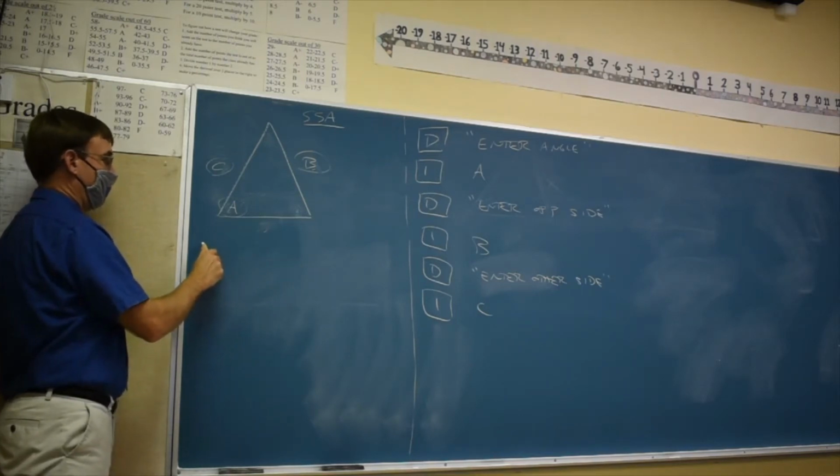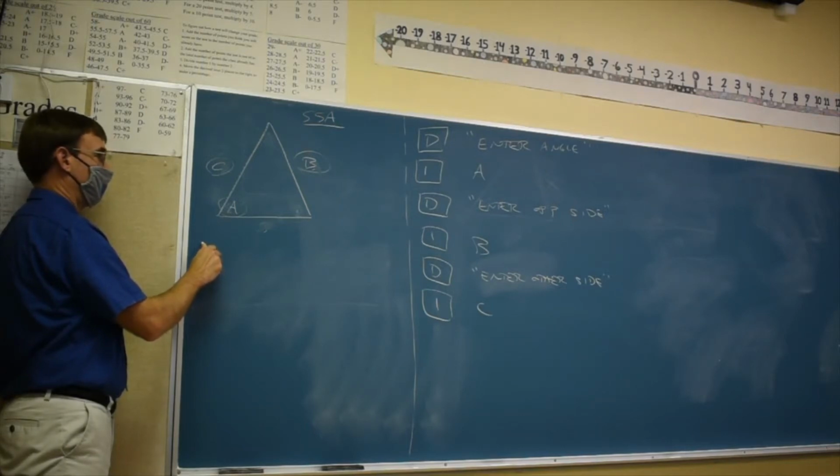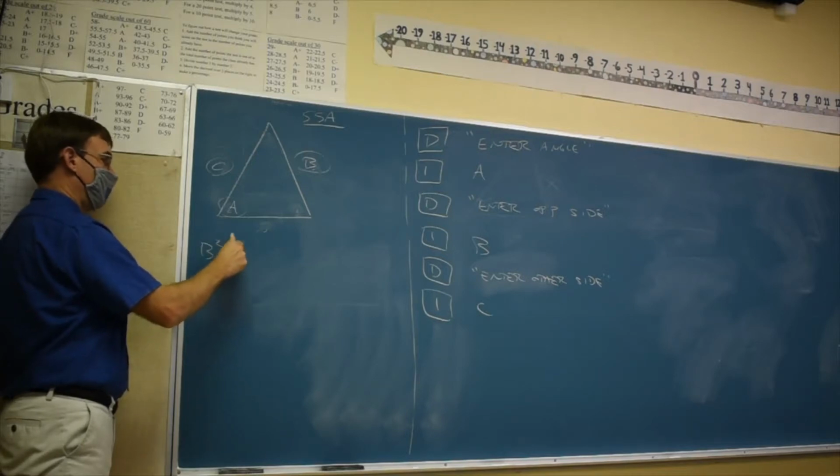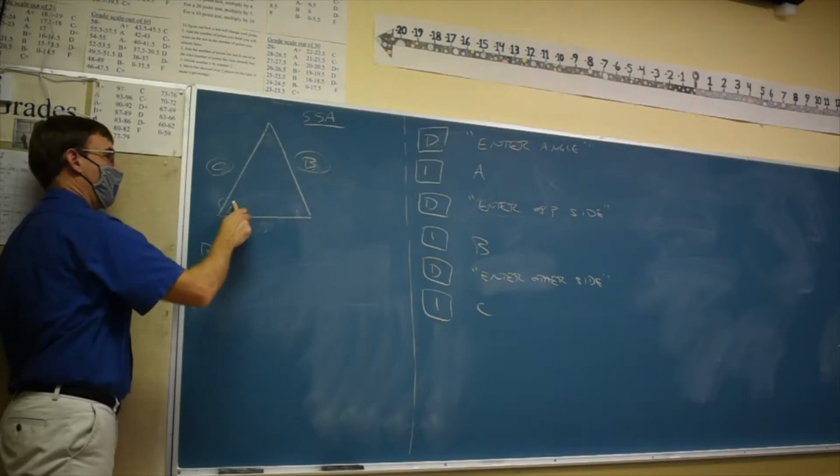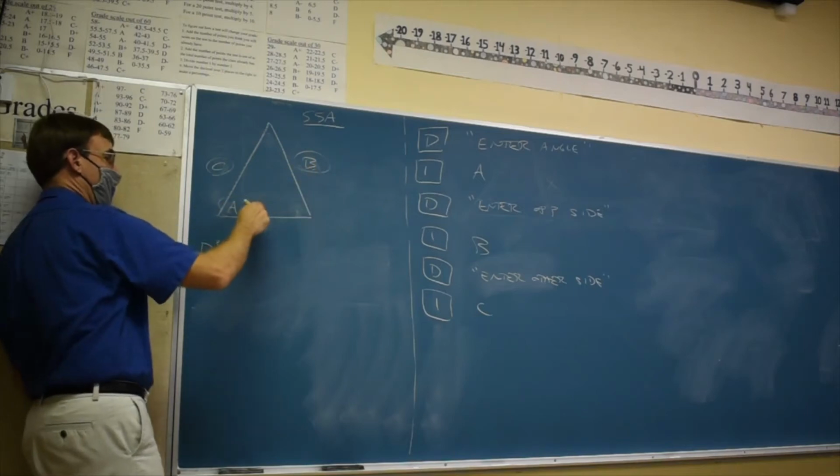So how's it going to set up? B squared, because these are our pair where we know them both, or have them both named in any way.